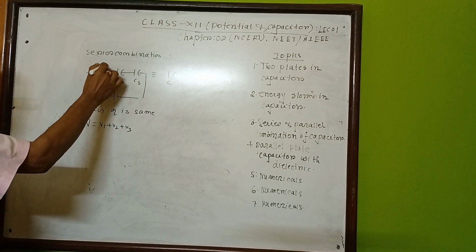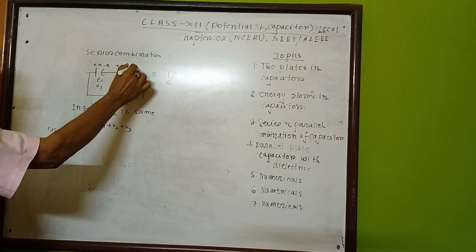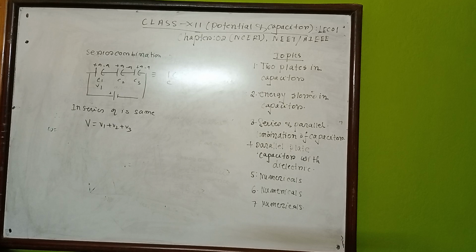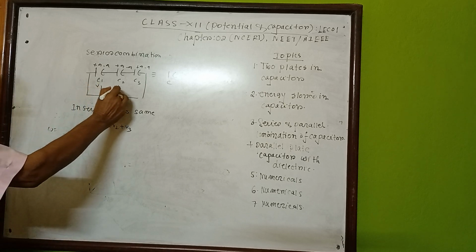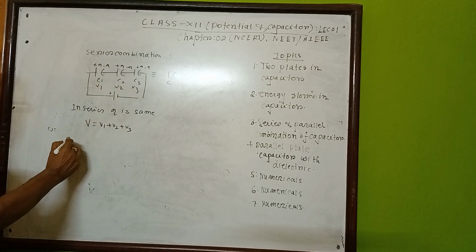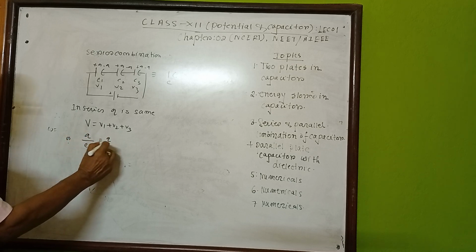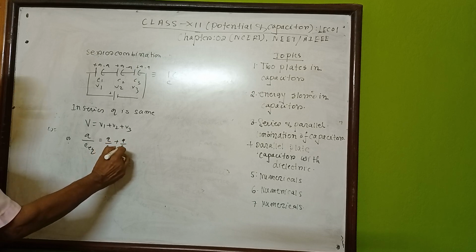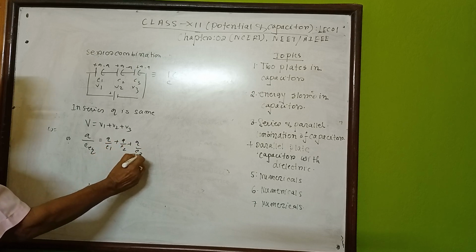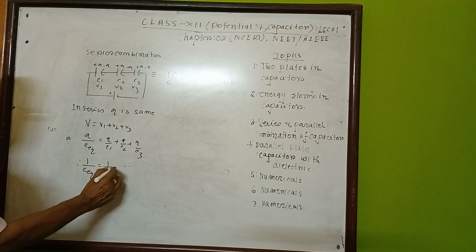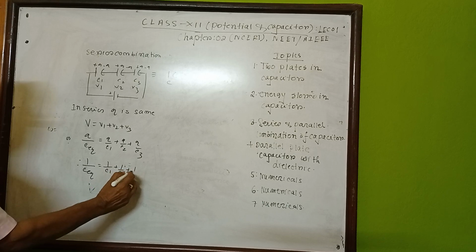It is plus Q, minus Q, plus Q, minus Q, plus Q and minus Q. So you get V equal to Q by C equivalent, which is Q by C1 plus Q by C2 plus Q by C3. So 1 by C equivalent equals 1 by C1 plus 1 by C2 plus 1 by C3.